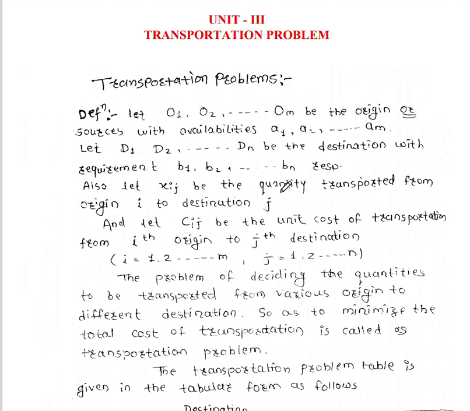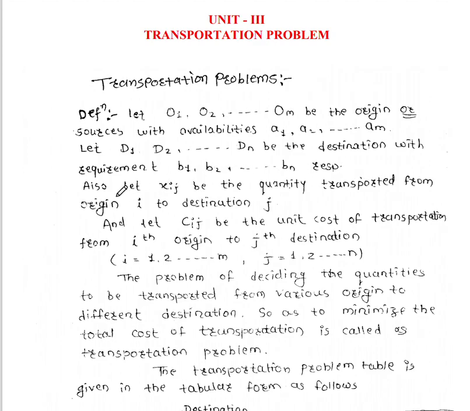Transportation problem, what is the definition? Let O1, O2, ..., Om be the origins, or we can say the sources, with availabilities A1, A2, ..., Am. So these are the available products. Let D1, D2, ..., Dn be the destinations with the requirements B1, B2, ..., Bn respectively.